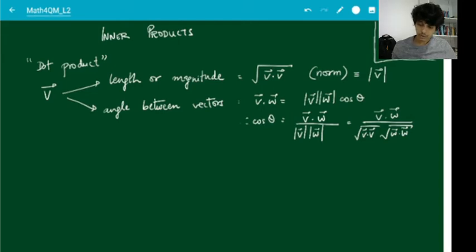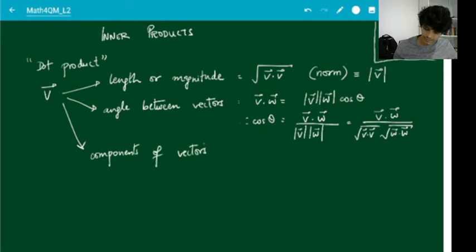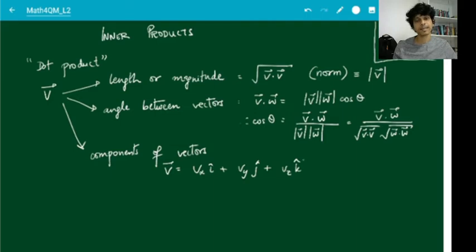The dot product also allows you to find out what is the component of a vector. How? Suppose I have a vector v, which is given by, in our old physics notation, vx i hat, vy j hat, vz k hat. And let's say I ask you, find out what is the y component of this vector.